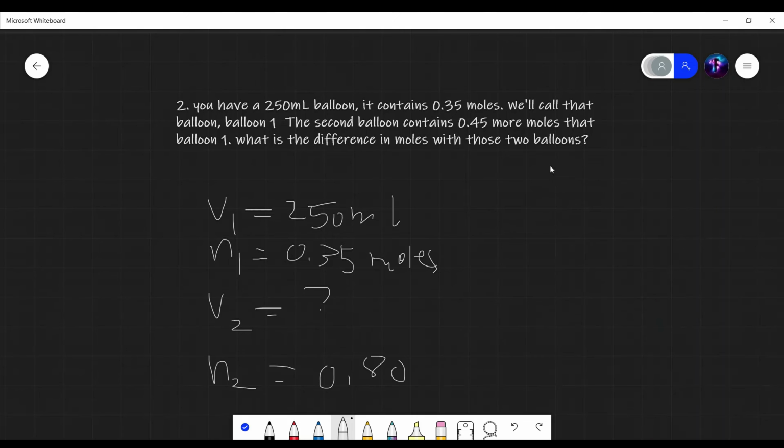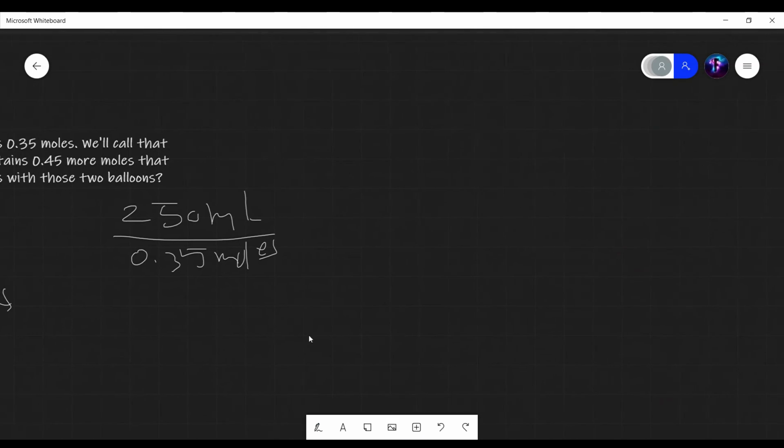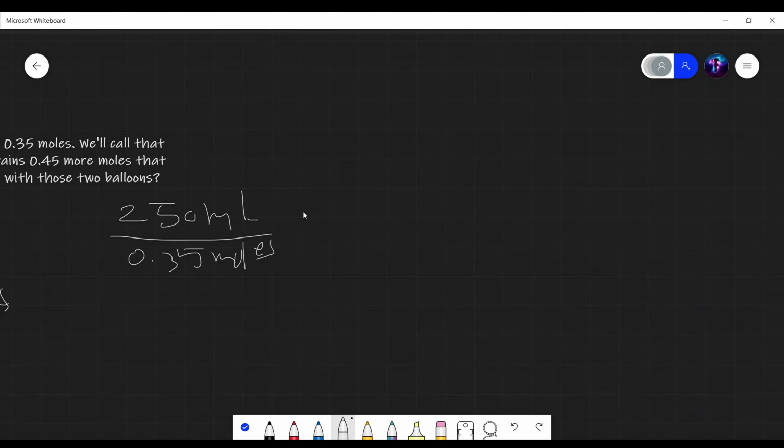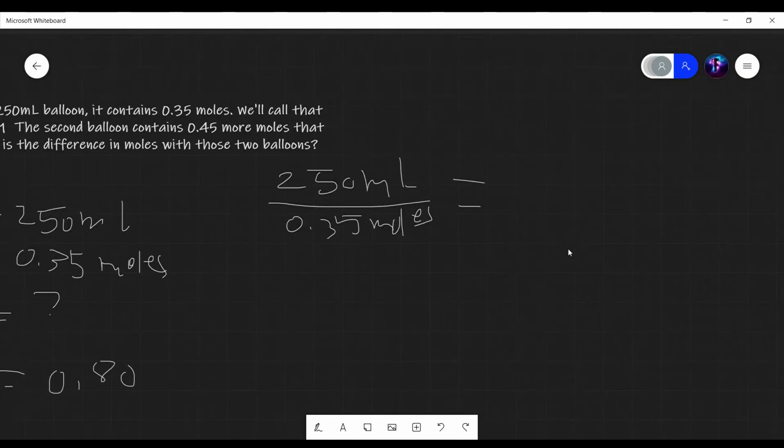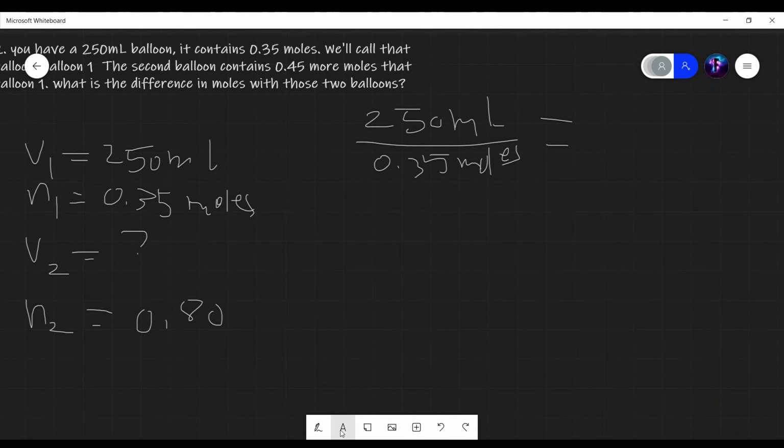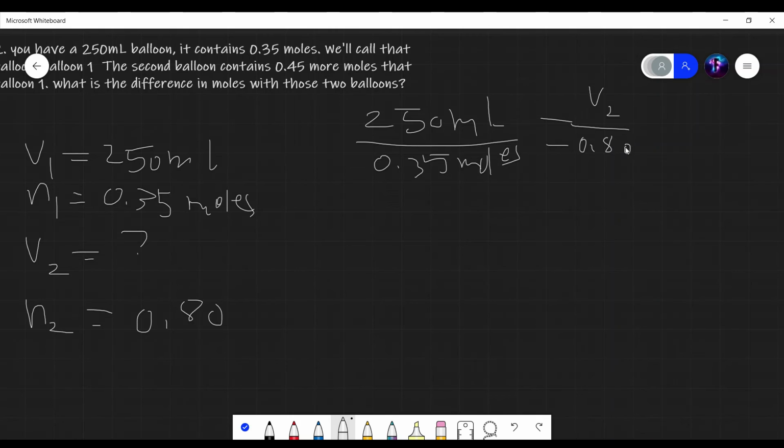So V1 is 250 milliliters over N1, which is 0.35 moles. And that would equal V2, which is what we're finding, over N2, which is 0.80 or 0.8.